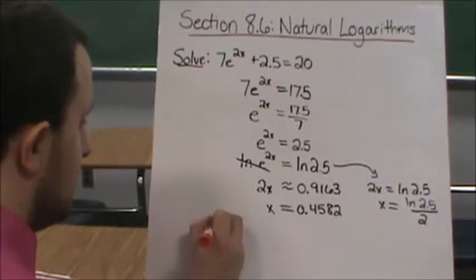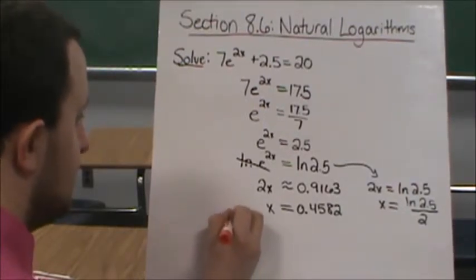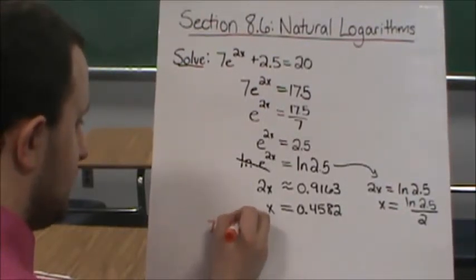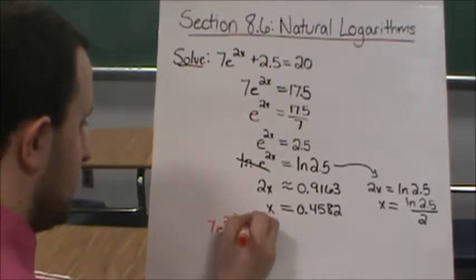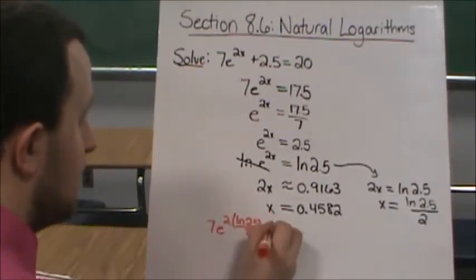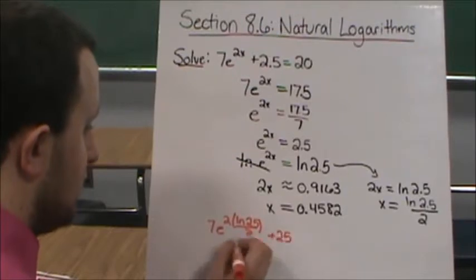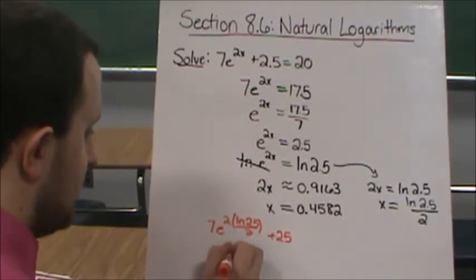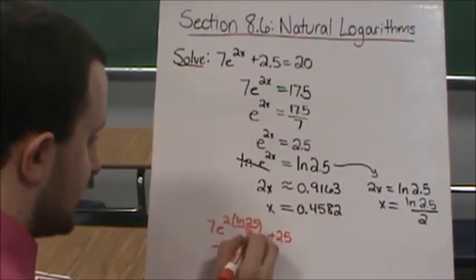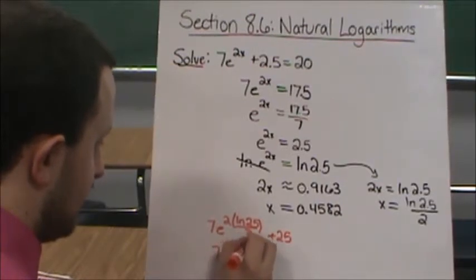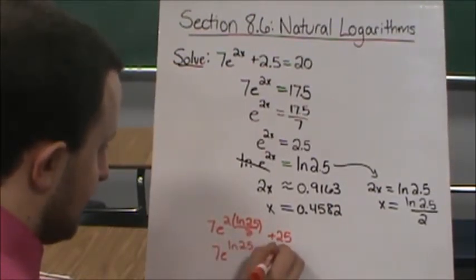You get 7e to the 2 times ln of 2.5 all over 2 plus 2.5. Well, that's really 7e to the ln of 2.5 plus 2.5, since the 2's cancel.